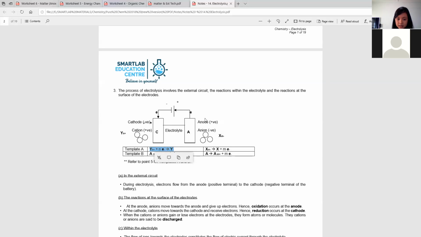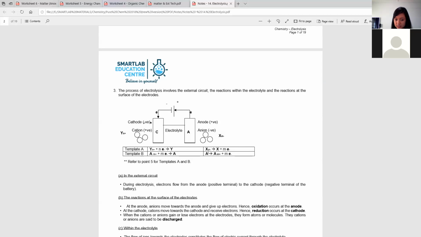The other side is your anode. Your anode attracts the negative ion, so X with whatever negative charge. The negative ion is going to lose back electrons to become the element. But in the equation, we don't put negative electrons. So rather than putting minus electrons, you bring the minus over.